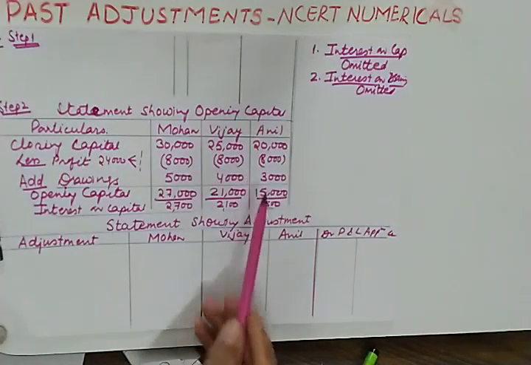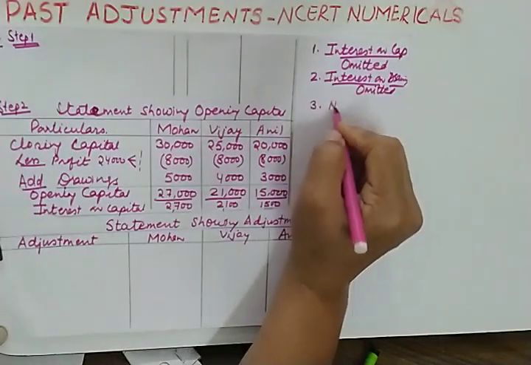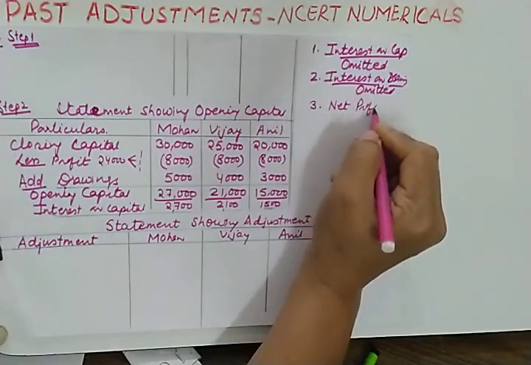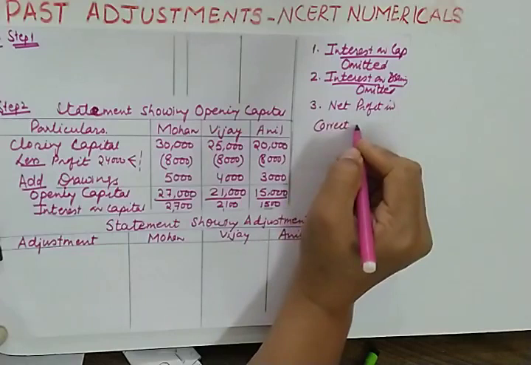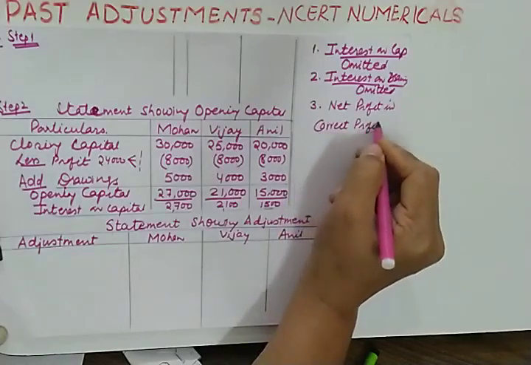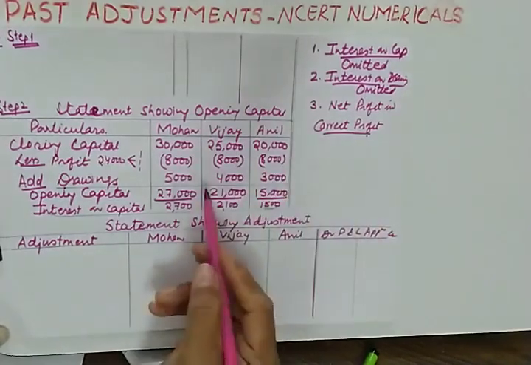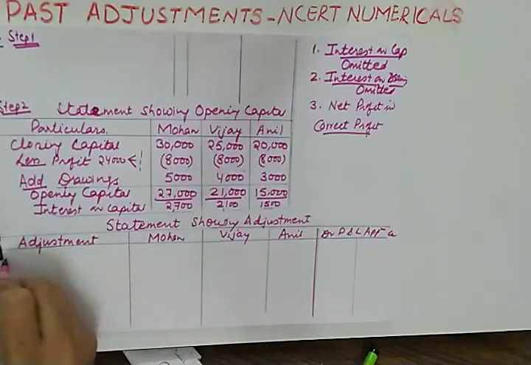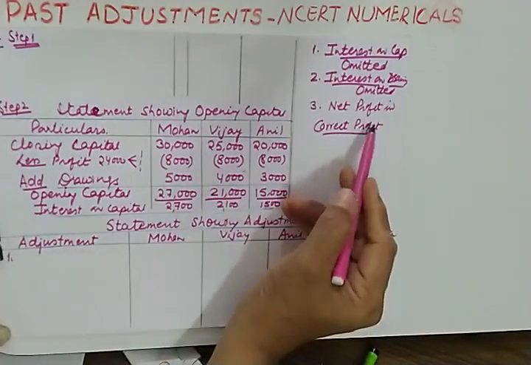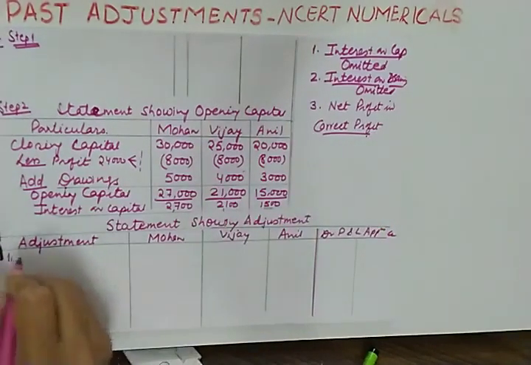So I told you that whenever you are distributing net profit in the correct ratio, you don't have to take it back even if you distributed wrong profit, because we have not done adjustments of interest on capital and interest on drawing. But you can try with this also. You can take back net profit from them, then you will get the same result.